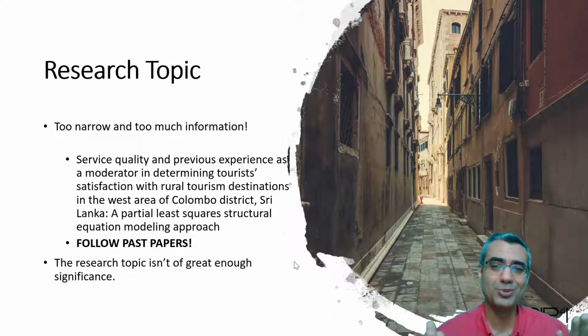So why do we need to do so? Why do you need to spend 5 years or 3 years of your life, let's say it's a PhD work, 3 years of your life, and do a study which already has been conducted in many countries, not in Colombo district? Okay, if you want to do so, you need to justify, you need to explain what makes this area, this context different from other contexts.